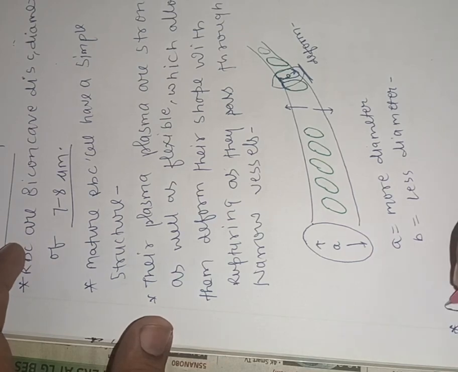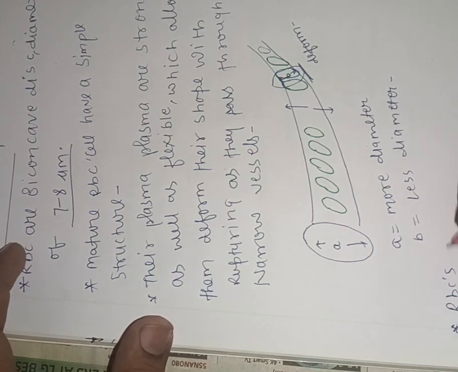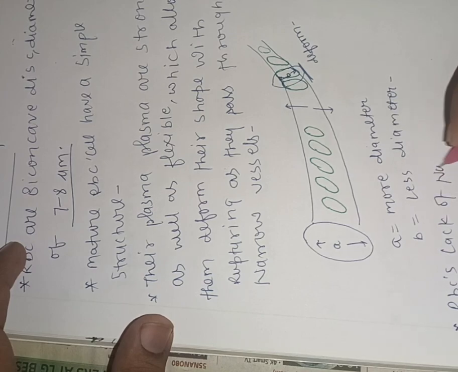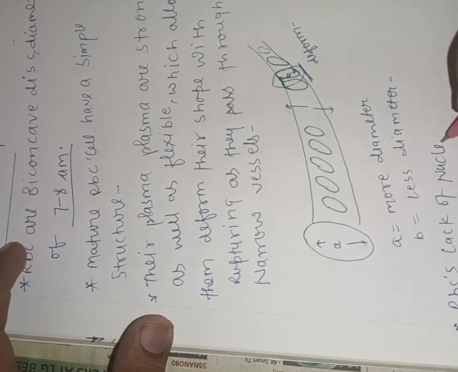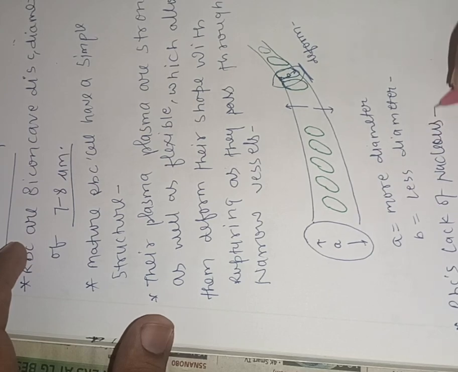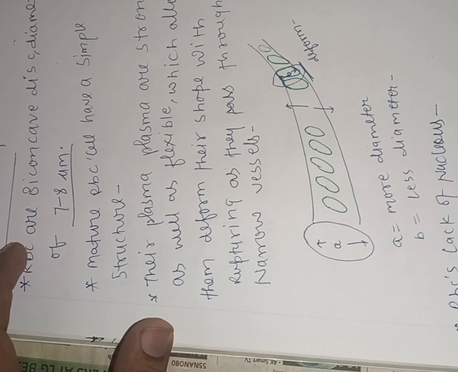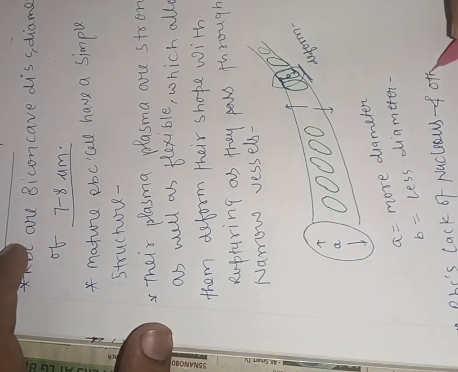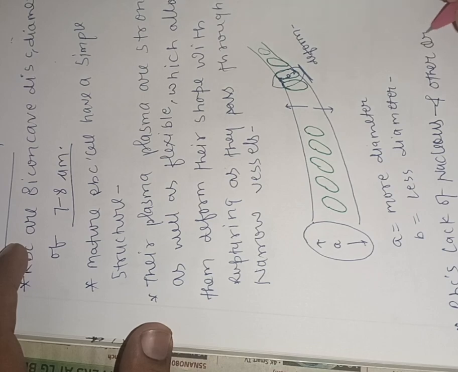Next point. RBCs lack a nucleus and other machinery, or we can say other organelles.